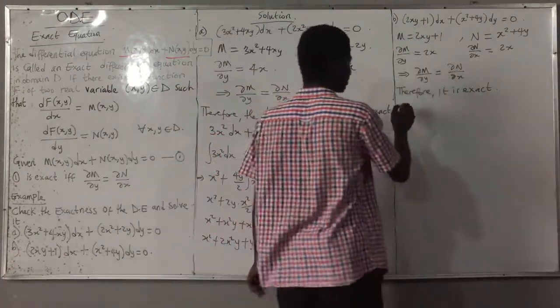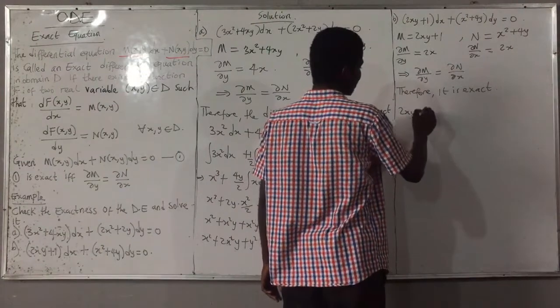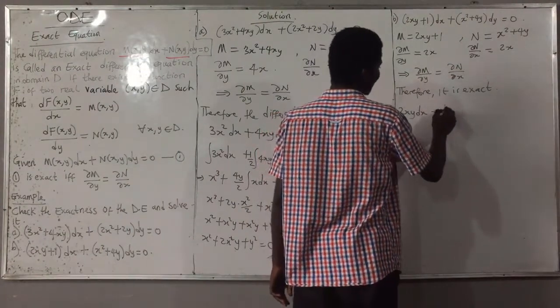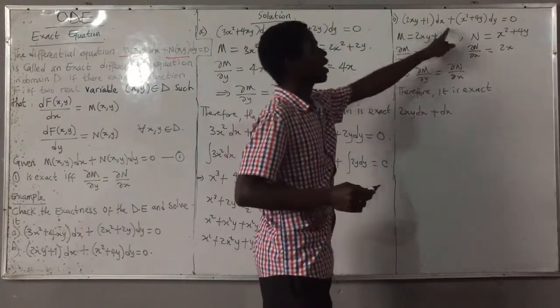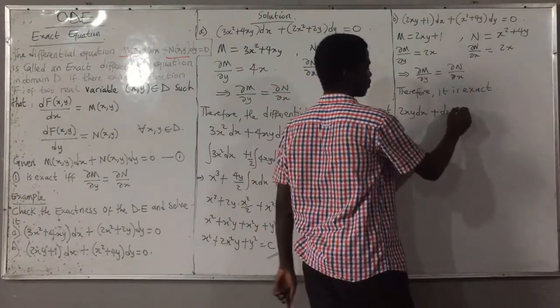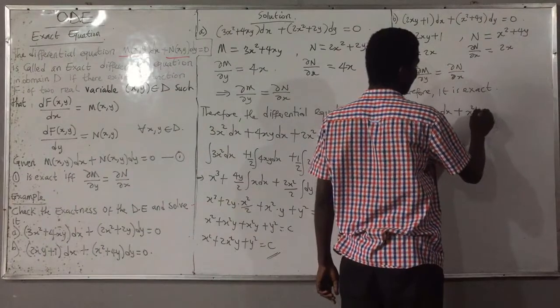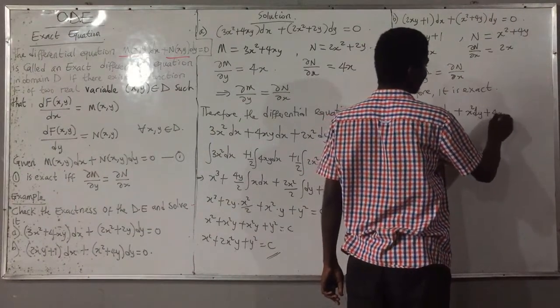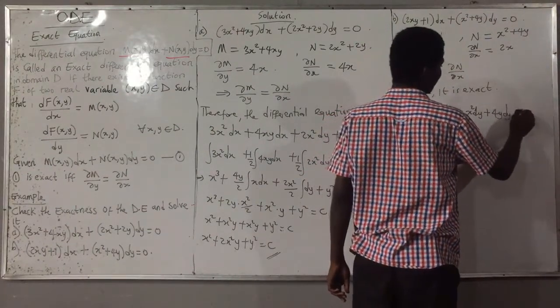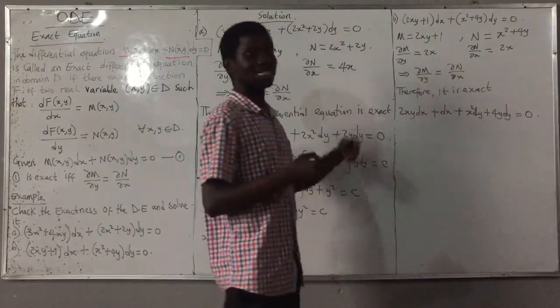So since it's exact, what do we do? Open the bracket. So this is 2xy dx + dx, plus x² dy + 4y dy, equal to 0. So integrate individually.